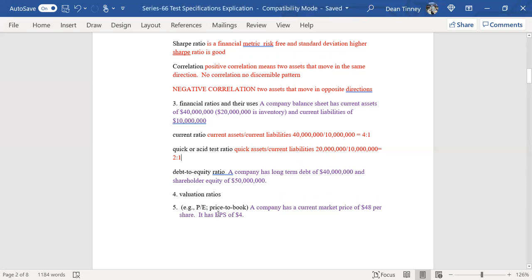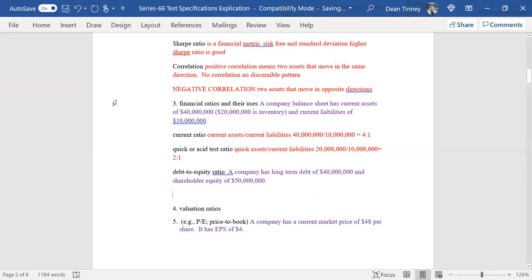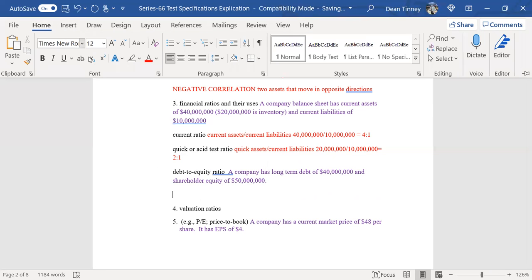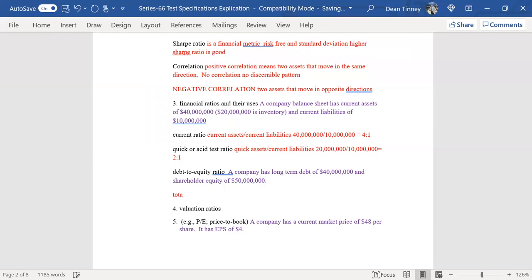Debt to equity. I stipulated here that the company has long-term debt of 40 million. That's bonds, long-term bonds that have been issued. It has shareholder equity of 50 million. And so I have stipulated this company has total capitalization, because we capitalize a company with equity and debt, of 90 million.